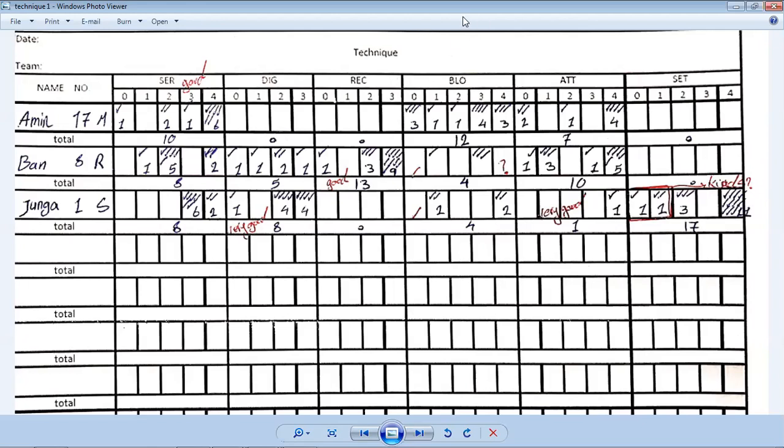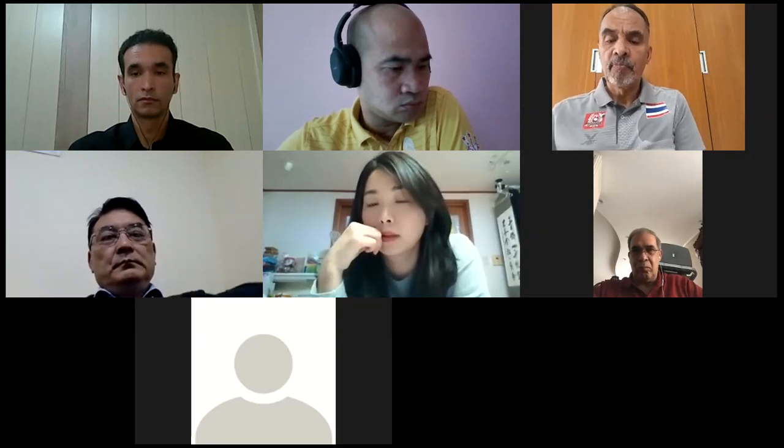Amin mentioned that when we analyze, he divided it into before, during, and after. Before the match, we analyze to find out our strategy and lineup. This is very important. Before the match, we analyze to find out which lineup we have to start, and then what our strategy is.